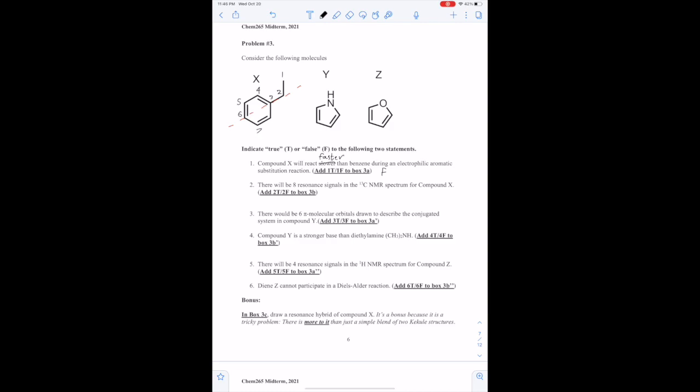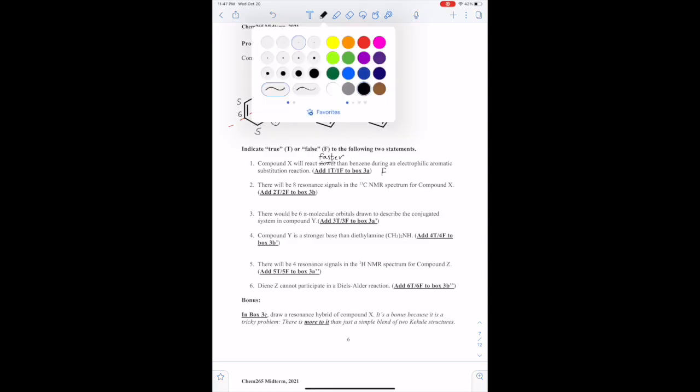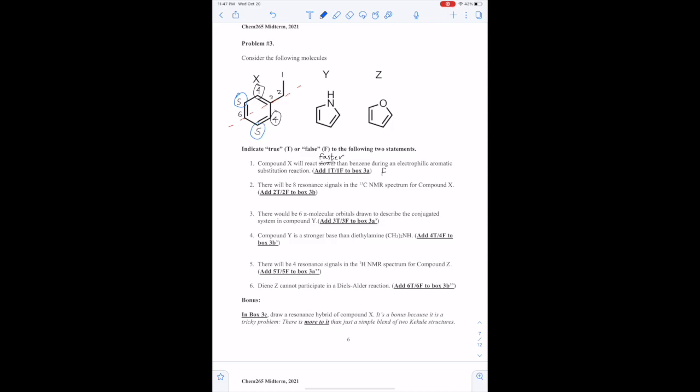Now, we want 7 and 8? No, we don't. We don't want 7 and 8 because of the symmetry. This is equivalent to 4, and this is equivalent to 5. It's just the rotation of the molecule can be oriented in either way, and these two are the exact same, and these two are also the exact same. So that's 6, not 8. And then we can assign this as false. The correct answer would be 6.